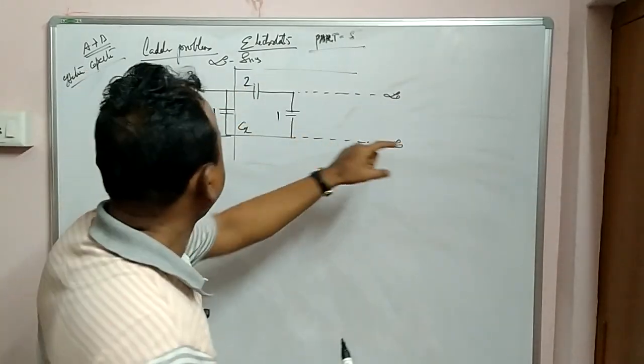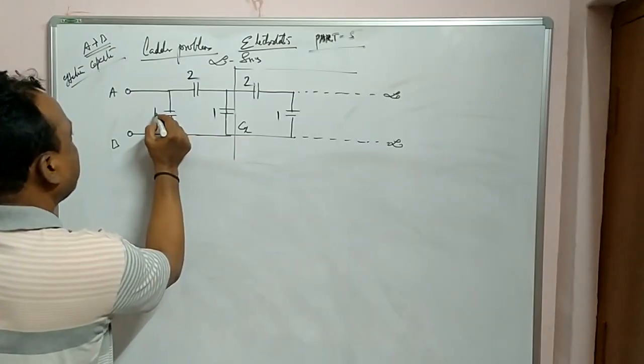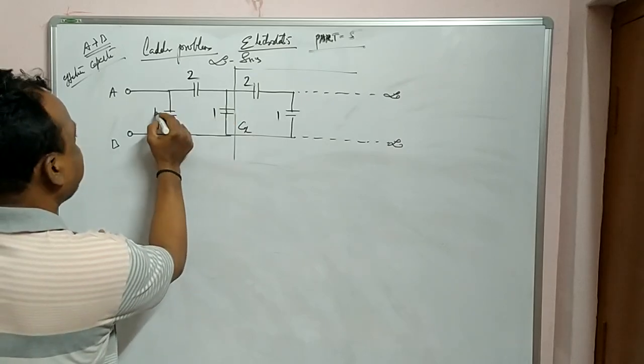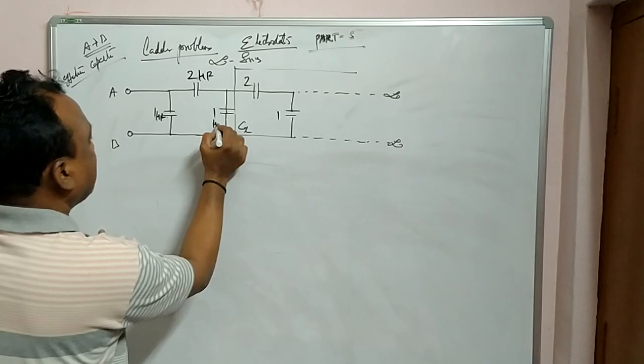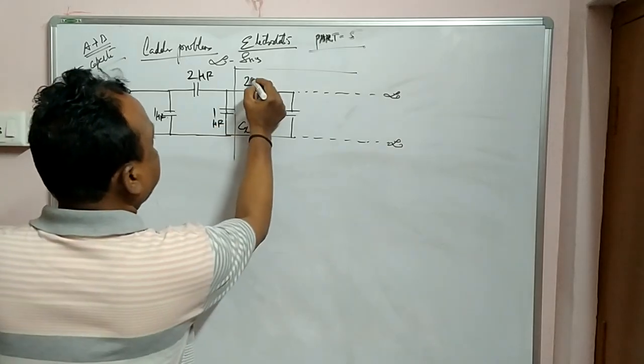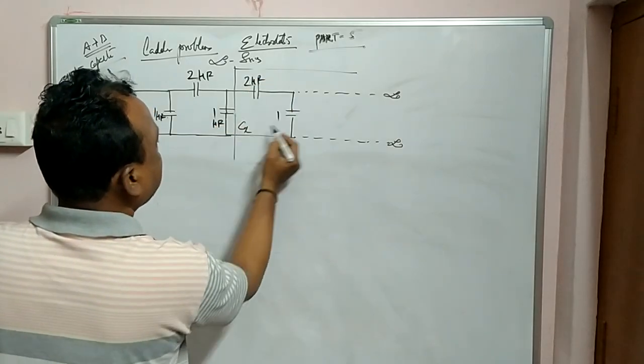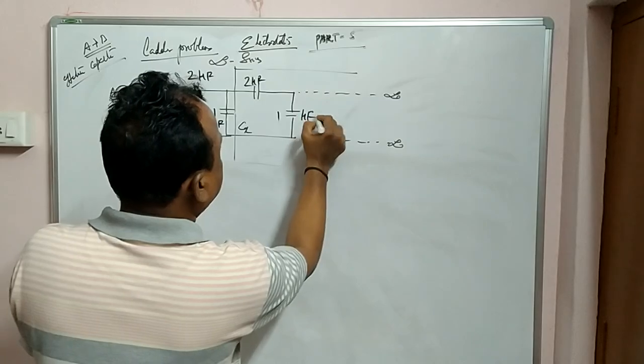Here the middle ones are all 1. You can take some value in microcoulombs. Capacity in microfarads or millifarads, something you can take, because it is capacitance, microfarad.